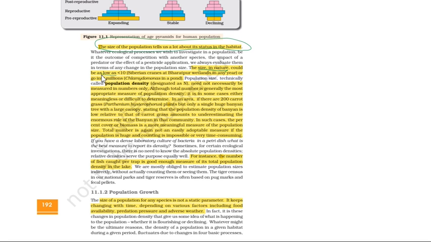Example, population size can be as low as less than 10 in case of Siberian cranes at Bharatpur wetland in any year. Now what are these Siberian cranes? They are migratory birds. They come from the Siberia region to escape from extreme cold, and they return once the cold winter season in Siberia ends.